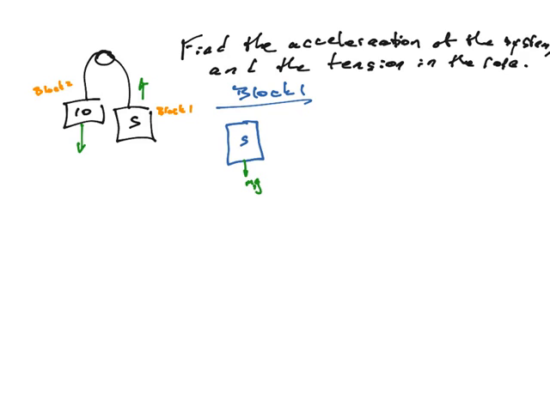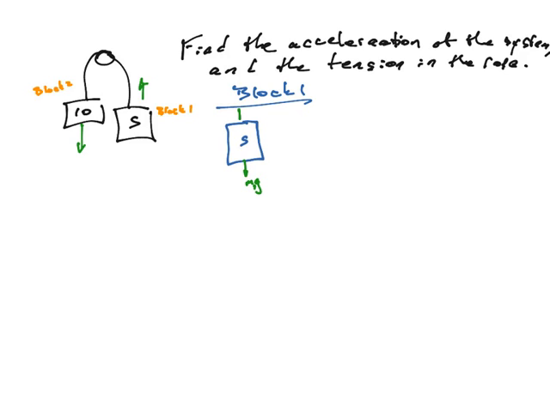Are there any other forces? Well, sure. There's a rope which connects block 1 to block 2. And I already know by my own intuition that block 2 is going to pull downwards, which is making block 1 go upwards.